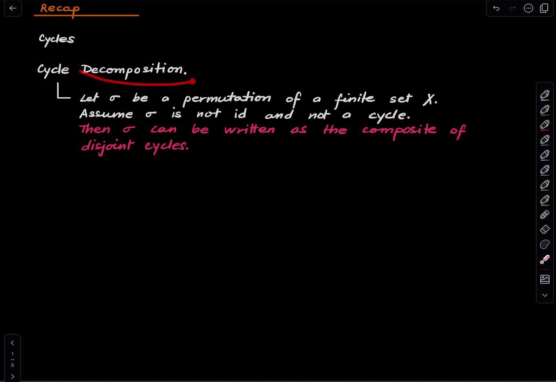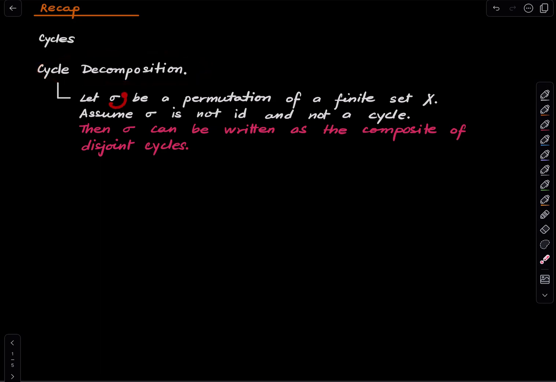Now, this does not have to be confused with the cycle decomposition theorem of linear algebra, which says that if you have an endomorphism on any finite dimensional vector space V, then you can write the vector space as the direct sum of cyclic subspaces. No, this has nothing to do with that.